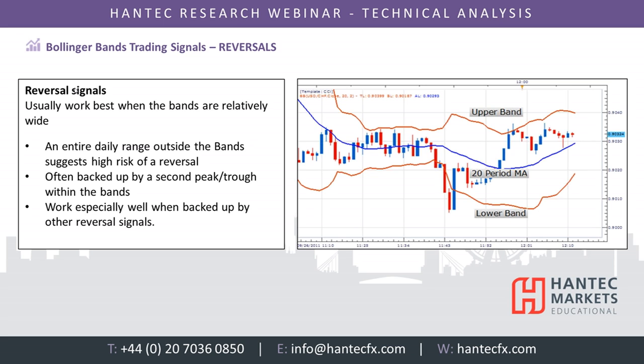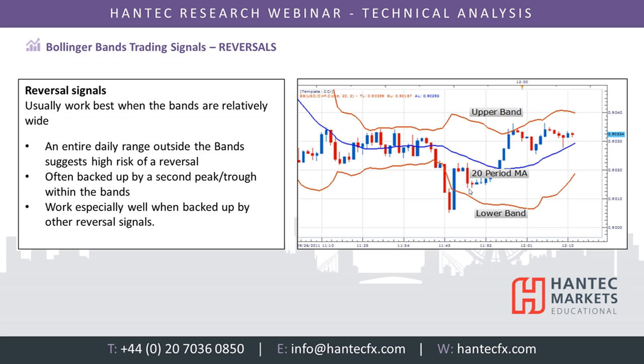Now, this is akin to the second point I was talking about. Basically, we're looking for reversals when you get narrow bands, which suggests high volatility, and then you're looking for a close or an entire period outside those bands, which suggests an extreme move and extreme volatility.